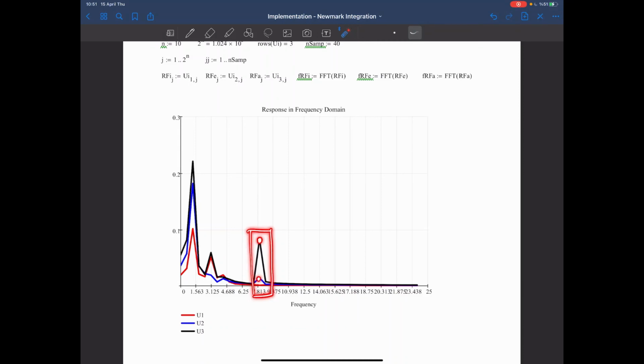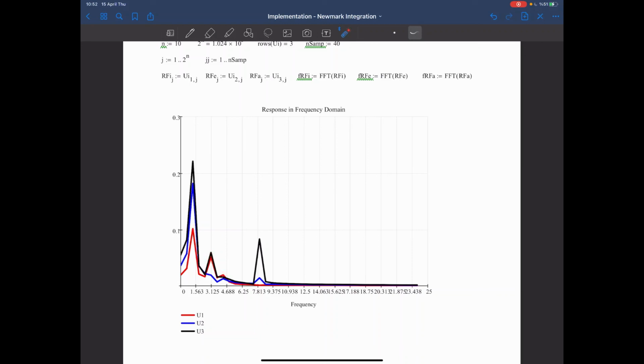In the second degree of freedom it's less, and almost zero in the first degree of freedom. So these two springs actually filtered the effect of the applied high frequency loading. So the response that I see in the first degree of freedom is mainly coming from the natural frequencies of the whole structure.